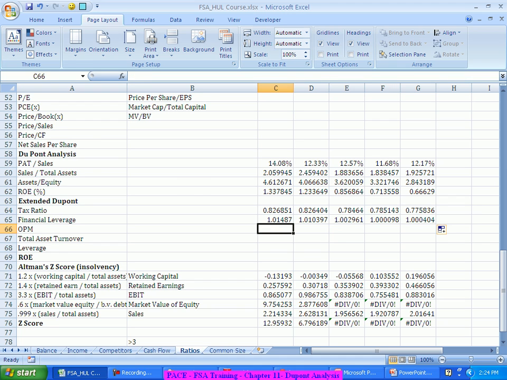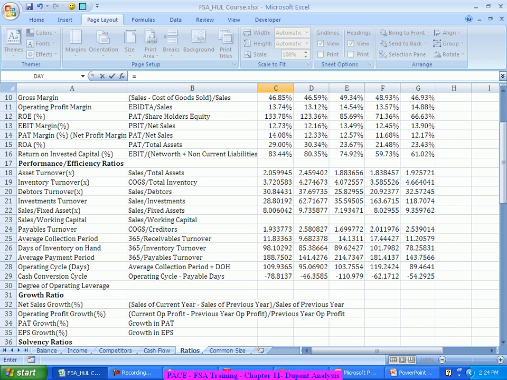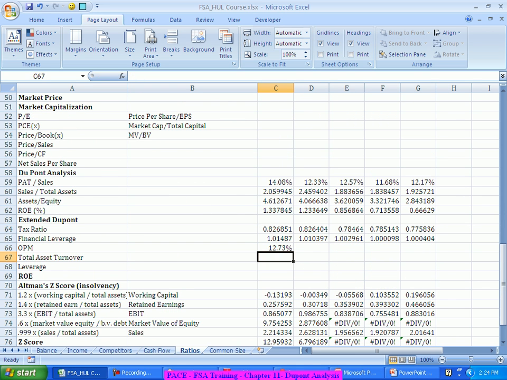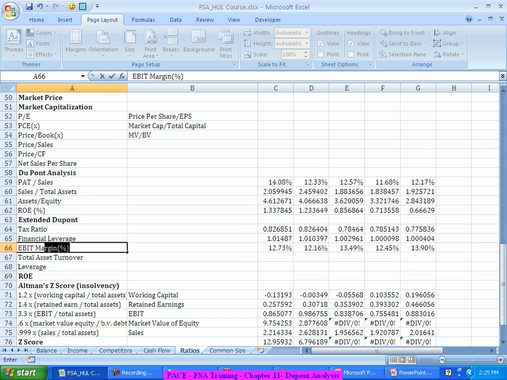Then EBIT by sales is my EBIT margin, which I can get from here. This is one place where it has improved compared to the previous year. Yeah, this is EBIT margin.